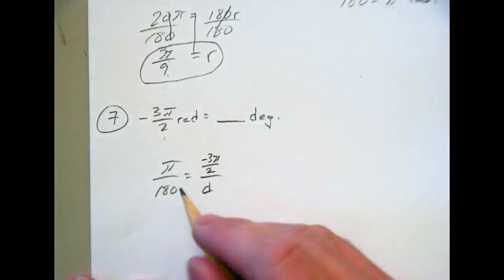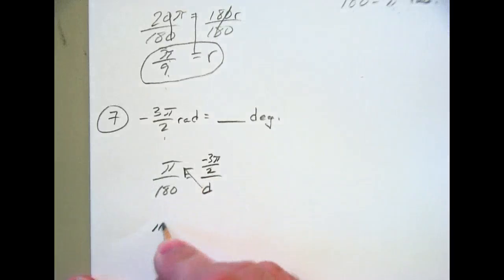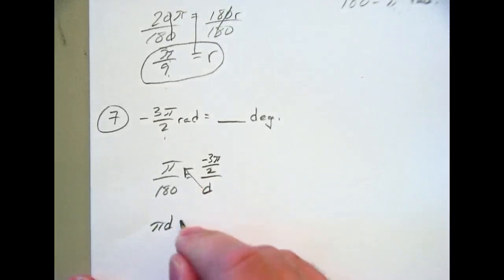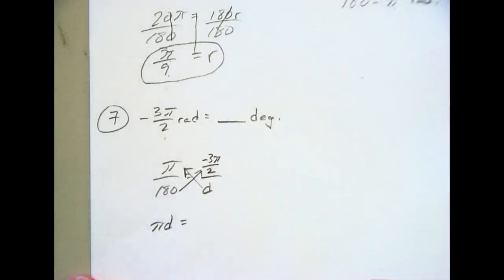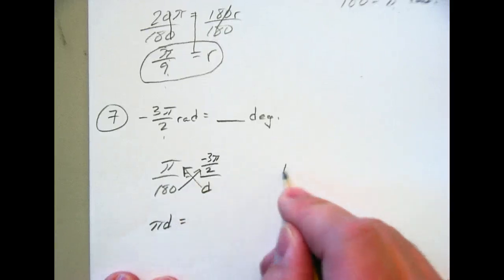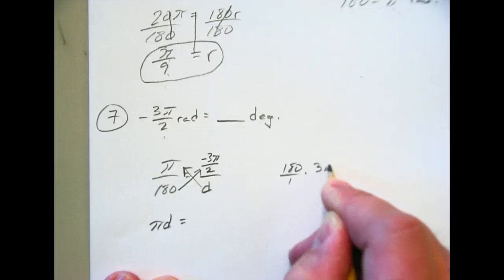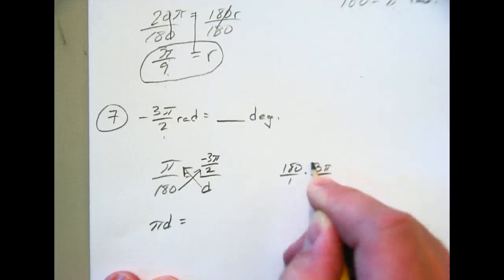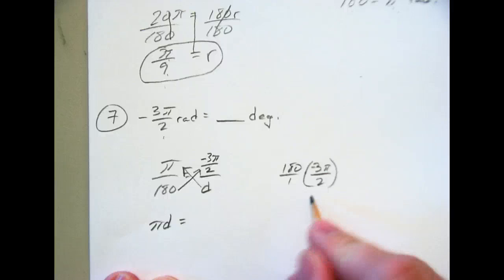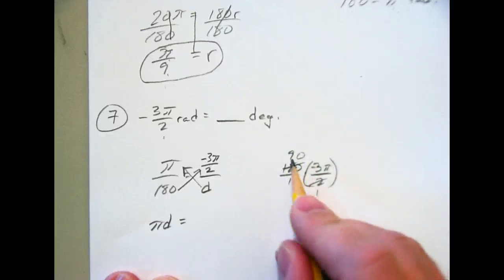So for those of you that struggle with cross multiplying, this one is pi d. This one is, well, that's 180 times negative 3 pi over 2. If you don't know how to do that, remember that's 180 over 1 times negative 3 pi over 2. Okay? You can cancel and multiply straight across.